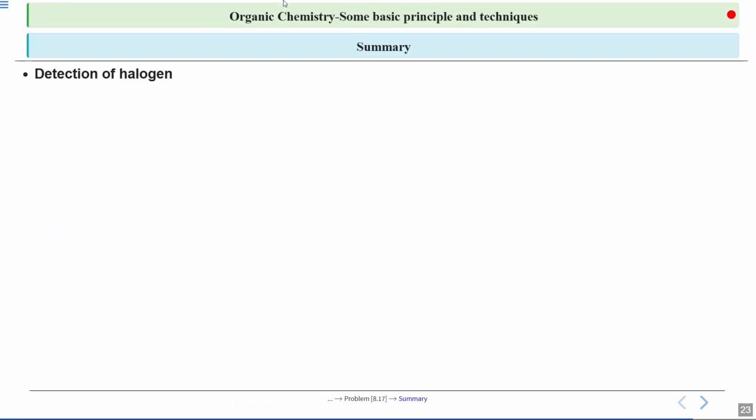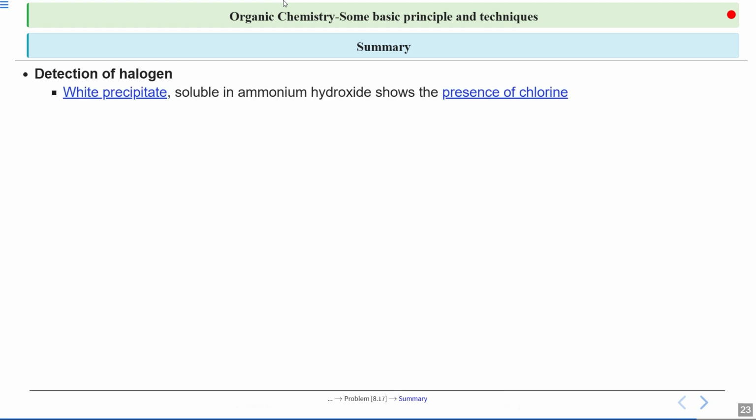Next, we talked about the detection of halogens according to the test. Starting with chlorine detection: whenever we see a white precipitate which is dissolved in ammonium hydroxide, then the halogen is chlorine.